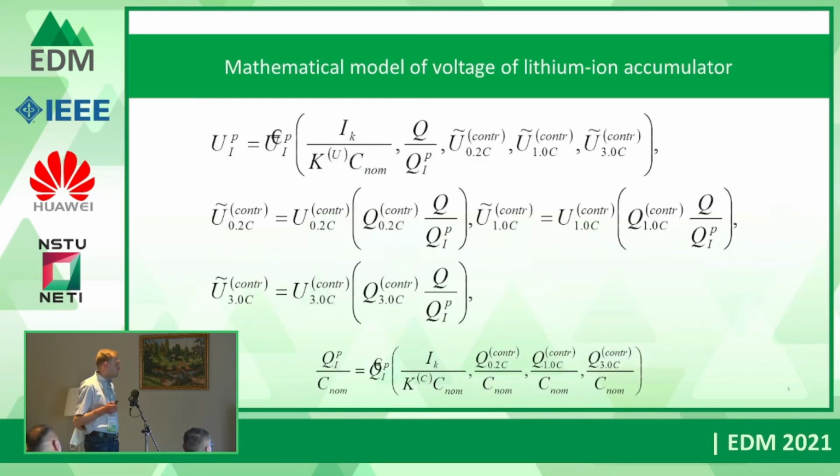On this set of dynamics, the discharge model of voltage and temperature is built. This is a polynomial of third degree in the current capacity and second degree in the control dynamics.